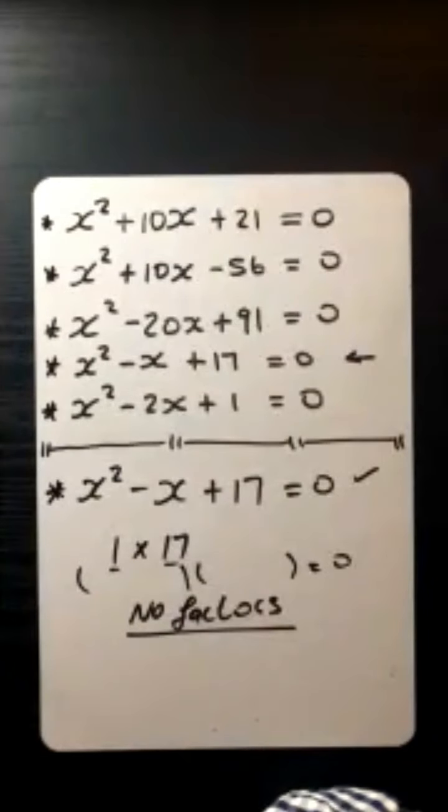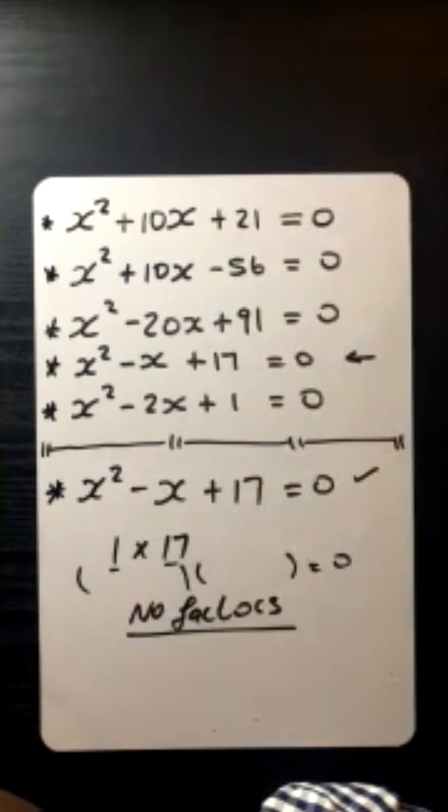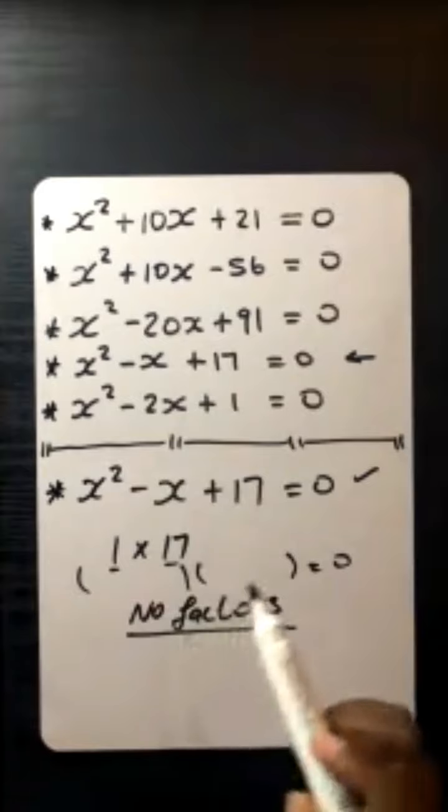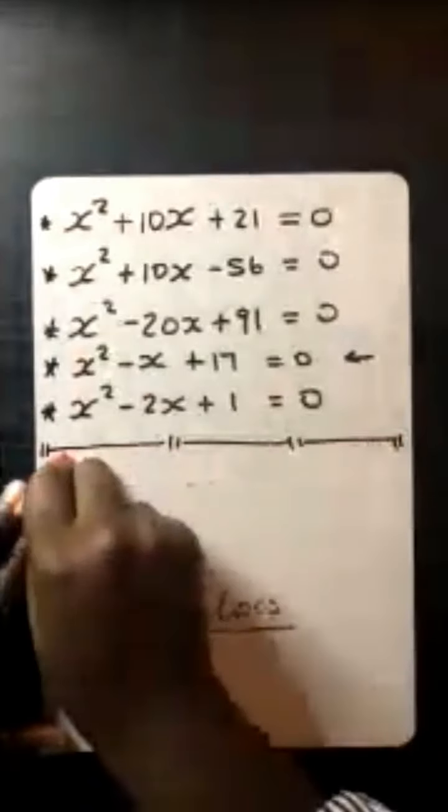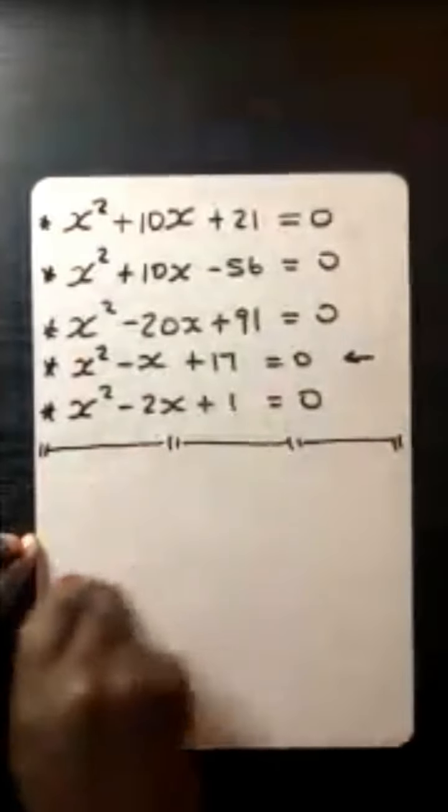So when you guys get to grade 11, it will be very easy for you to understand because you already know what to expect, and you have an idea of what to use. Normally in grade 11, you are given types of problems where it is possible to find the factors.